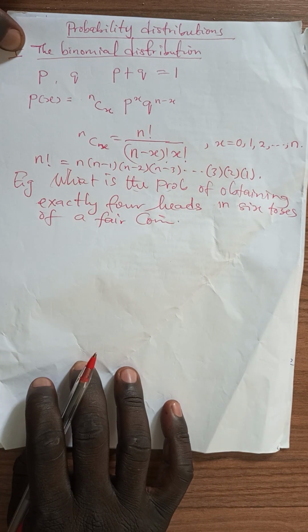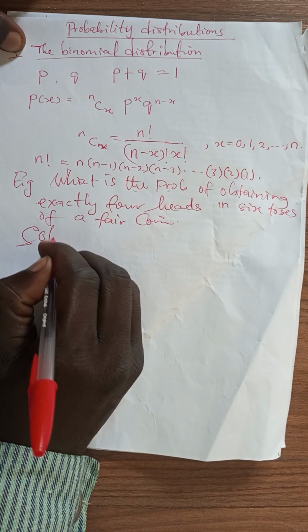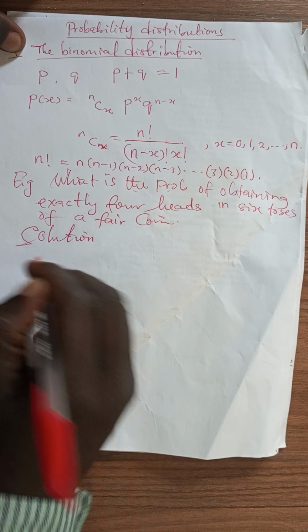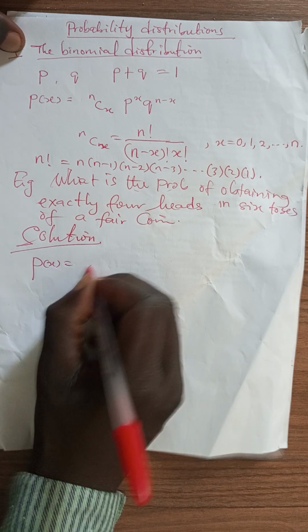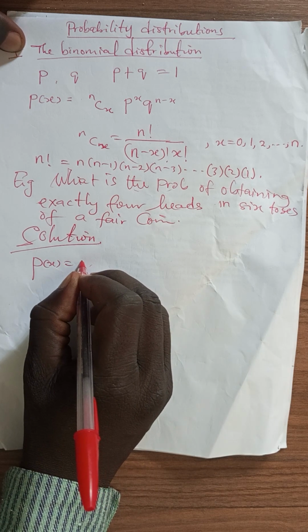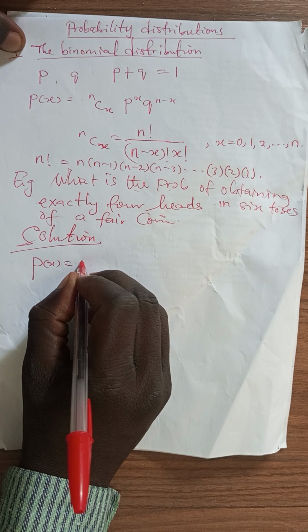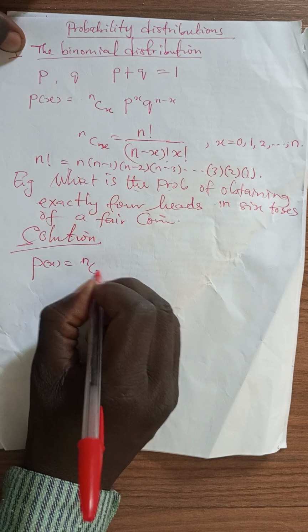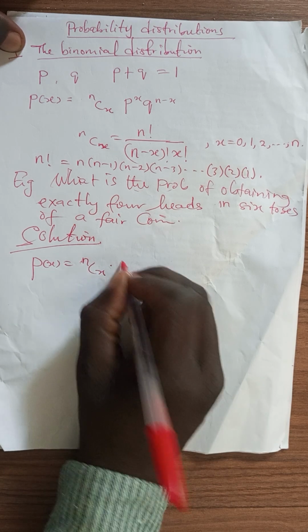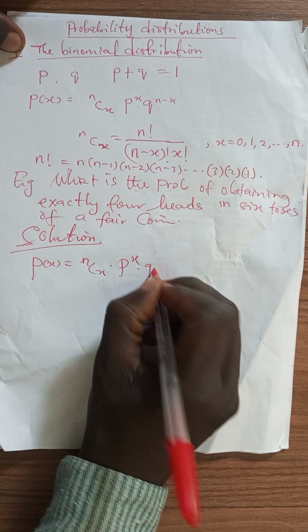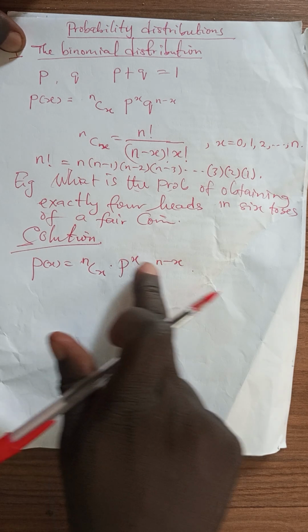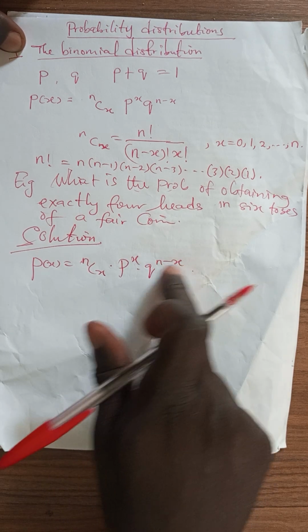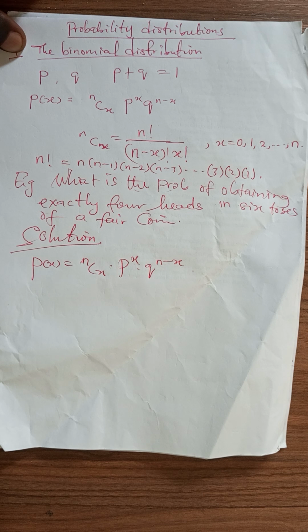So the probability is going to be given by the probability distribution function. From the formula, P of X, the probability of X occurring exactly X times, is equal to N combination X, P raised to the power of X times Q raised to the power of N minus X. Now we are to determine our X, our N, and our P and Q respectively.